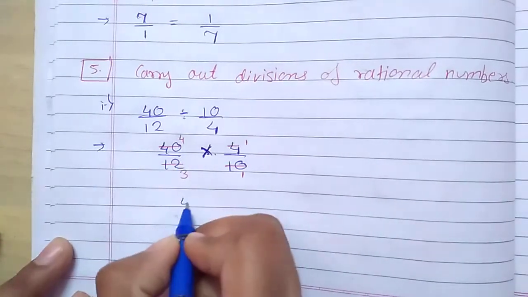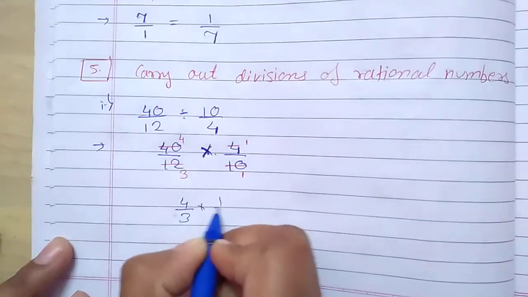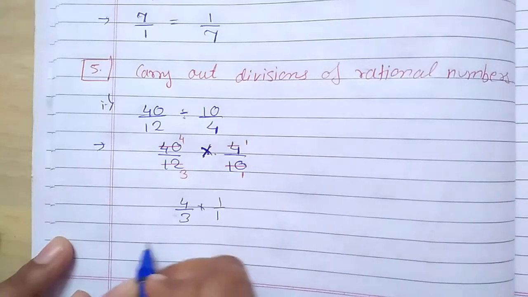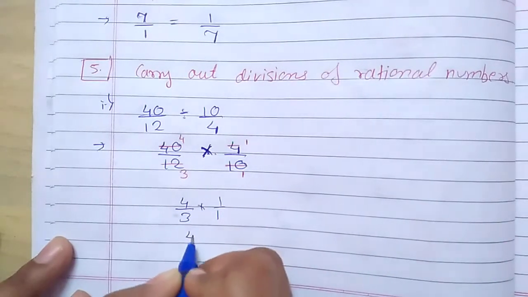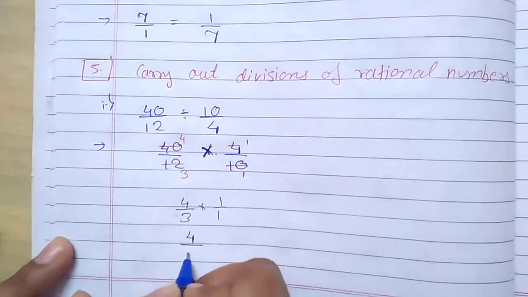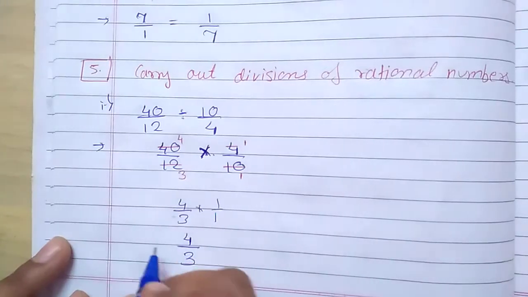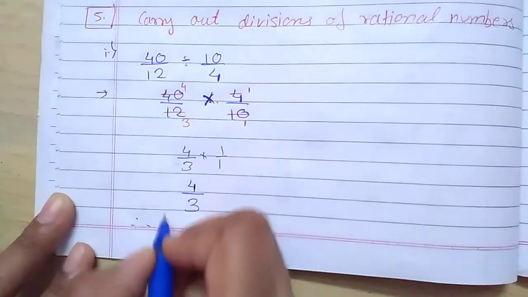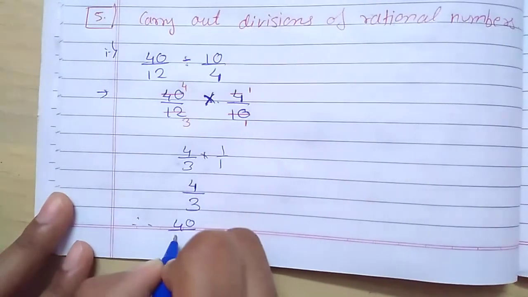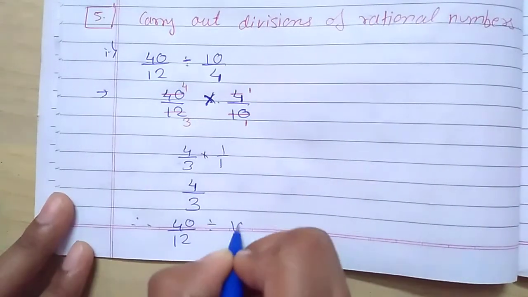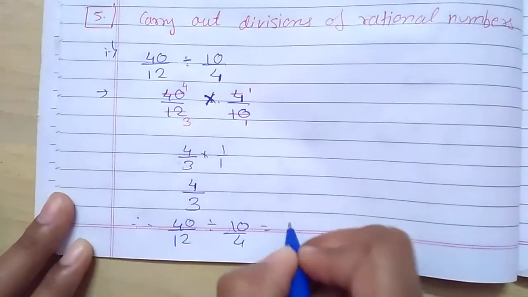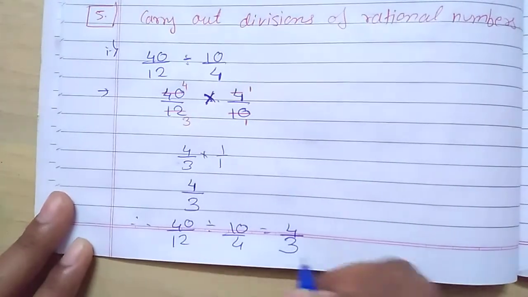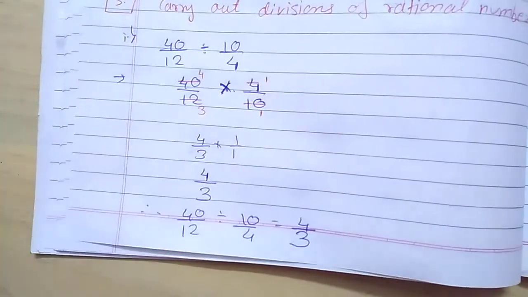Now you write here 4 upon 3 into 1 upon 1. You all will get the answer 4 into 1 is 4, 3 into 1 is 3. Right here, therefore 40 upon 12 divided by 10 upon 4 is equal to 4 upon 3. Have you all got it? Now next one.